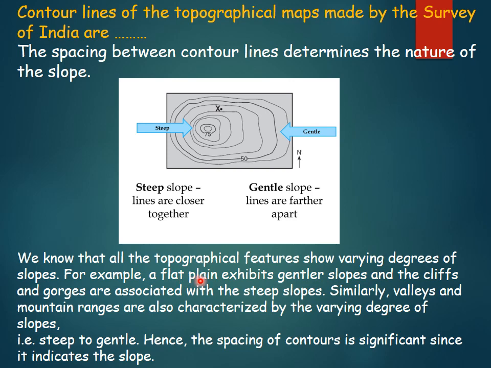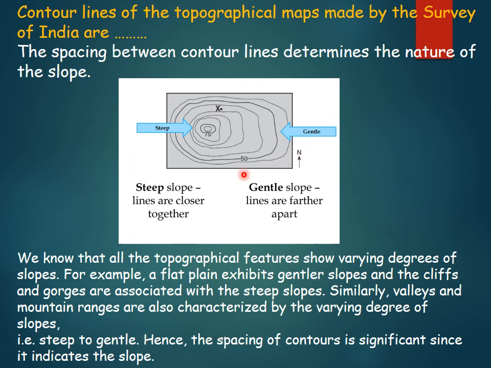For example, a flat plain exhibits gentler slopes, and cliffs and gorges are associated with steep slopes. Similarly, valleys and mountain ranges are also characterized by varying degrees of slopes. There are different kinds of slopes like steep slope, gentle slope, concave slope, irregular slope, and so many.